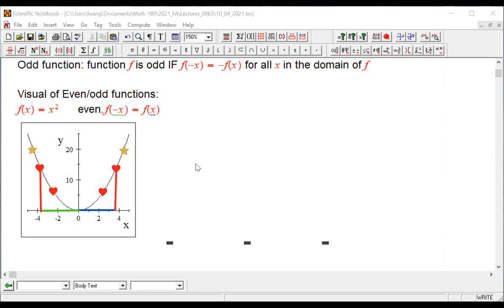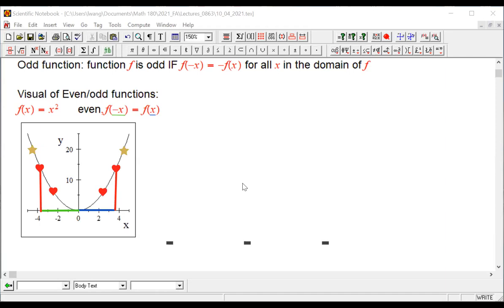That's the basic feature of an even function. Symmetrical to the y-axis: you fold it along the y-axis, and they overlap. So you can tell an even function from its picture.